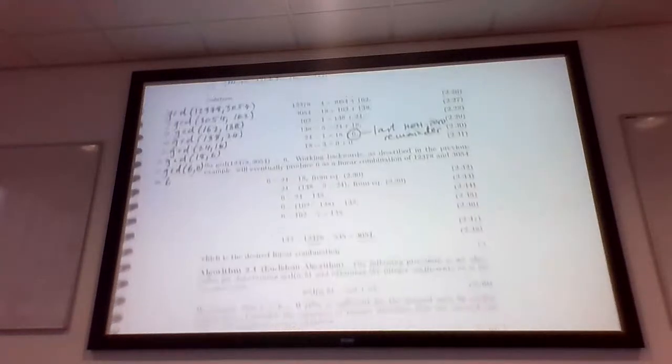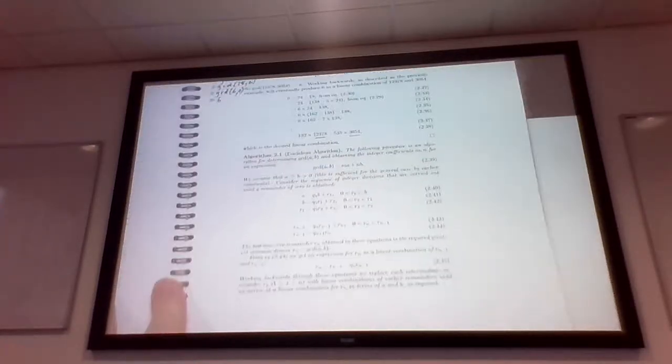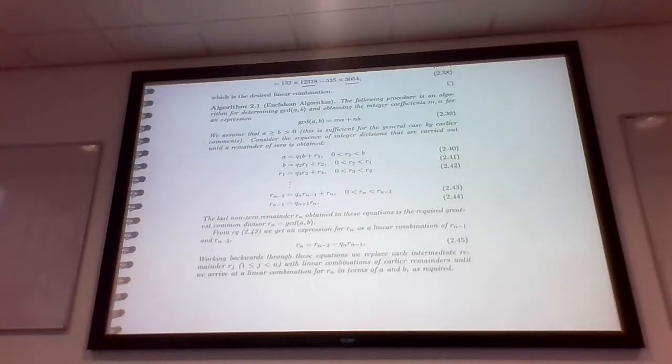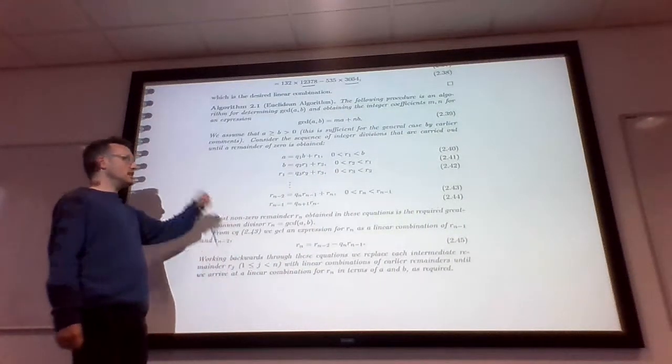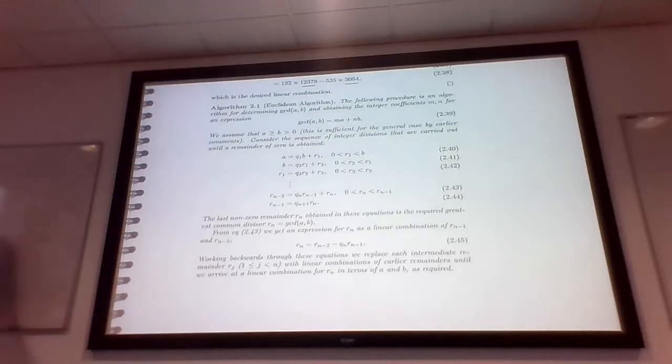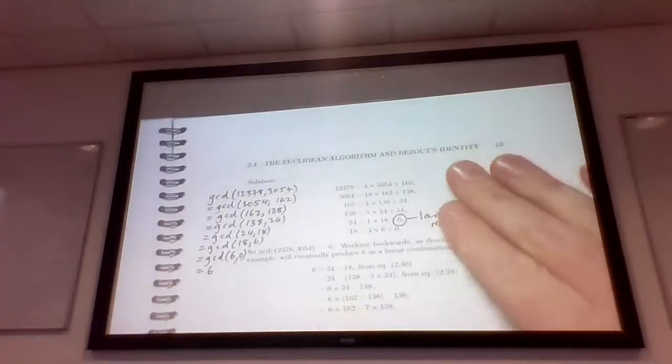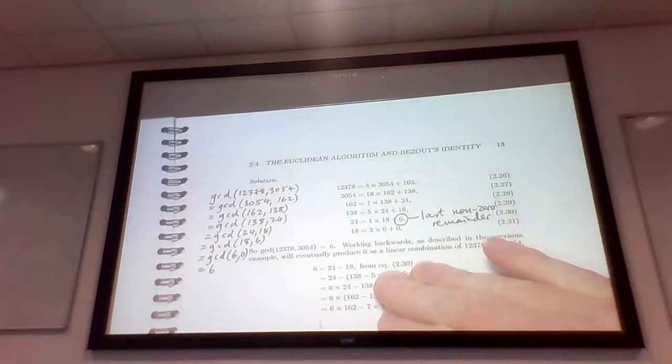Now, what we've got there in algorithm 2.1 is a formal specification of that. But it's just putting into formal general language what we've seen in those two examples. So I'd encourage you to read through that and appreciate that formal description, but it really is just a general description of what we've seen.